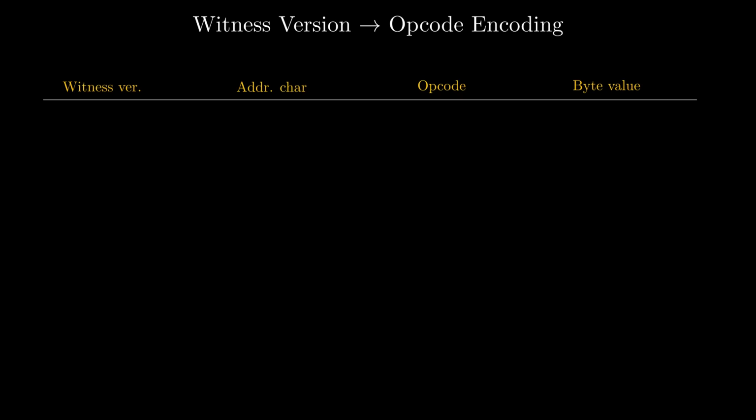There's a subtle encoding gotcha when these addresses compile to Bitcoin script. The witness version becomes an opcode at the start of the locking script. An opcode is a single byte instruction. Witness version 0 compiles to OP_0, which is the byte 0x00 that matches the version number directly.